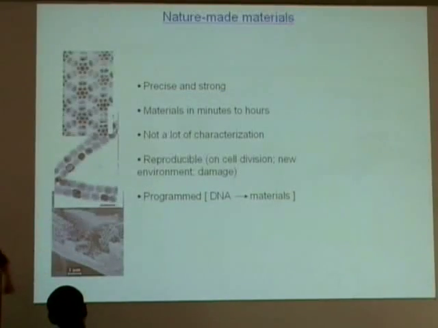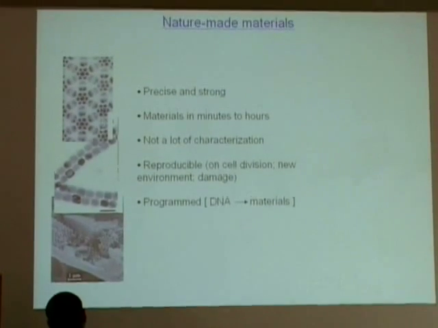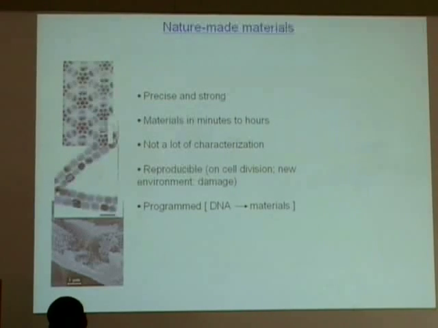All right. So just to wrap up on the materials, I hope that what you can appreciate from these different examples, the diatom, the magnets, and this optical material, is that nature makes materials with incredible precision. These are beautiful structures. They're incredibly strong for their weight.